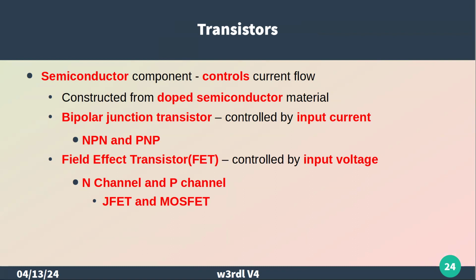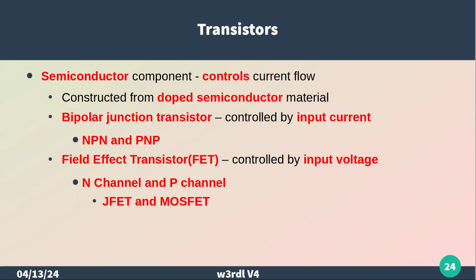It turns out they actually tried to do field effect transistors first, but they couldn't make it work. So we wound up with bipolar junction transistors, which they were actually able to fabricate. And we had those for quite a while before the first field effect transistors were practical.